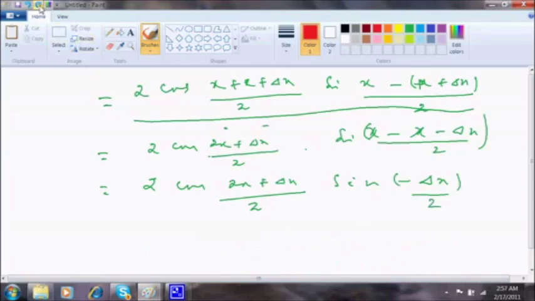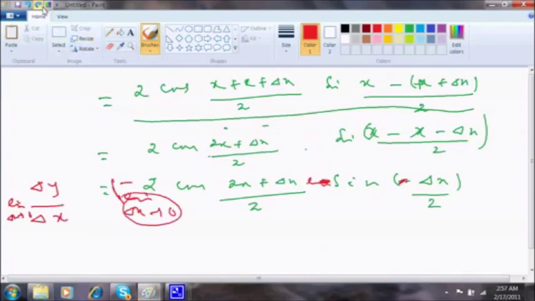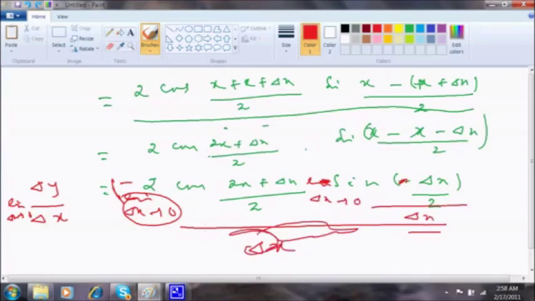Please bear with me. So whole divided by sine of x plus delta x into sine x. So if you are thorough with the previous discussions, this 2 is gone, this is also gone.